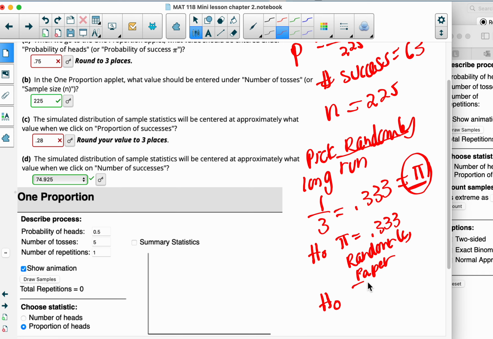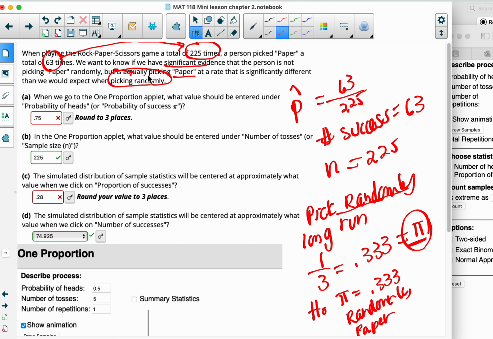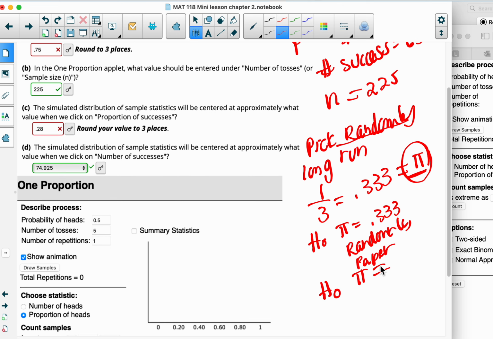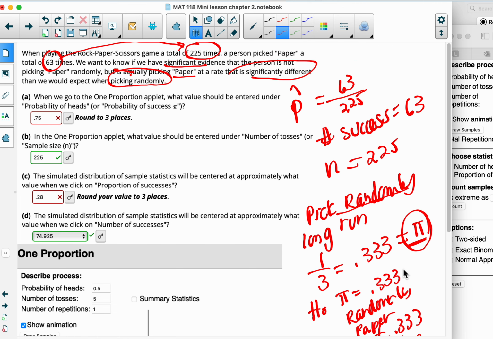Alternatively, we want to test, do they pick paper at a different rate? We want to know if pi doesn't equal 0.333. Not random. So when I create my distribution, I want to create what it would look like assuming the null hypothesis is true, assuming that people pick paper randomly.